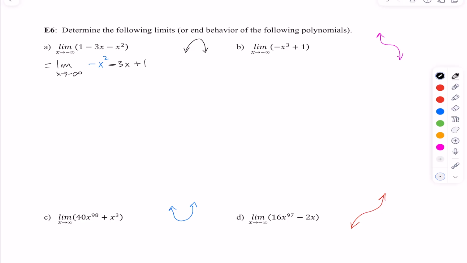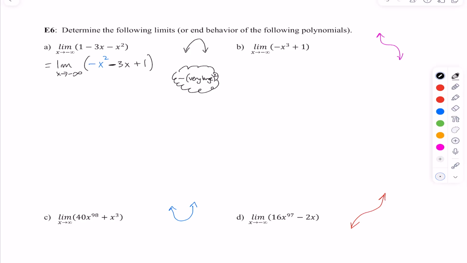So as x is approaching very large in the negative direction, what we can do is estimate the end behavior here by looking at that leading term with the highest degree. So all I'm going to do is put in the concept of opposite of very large squared.